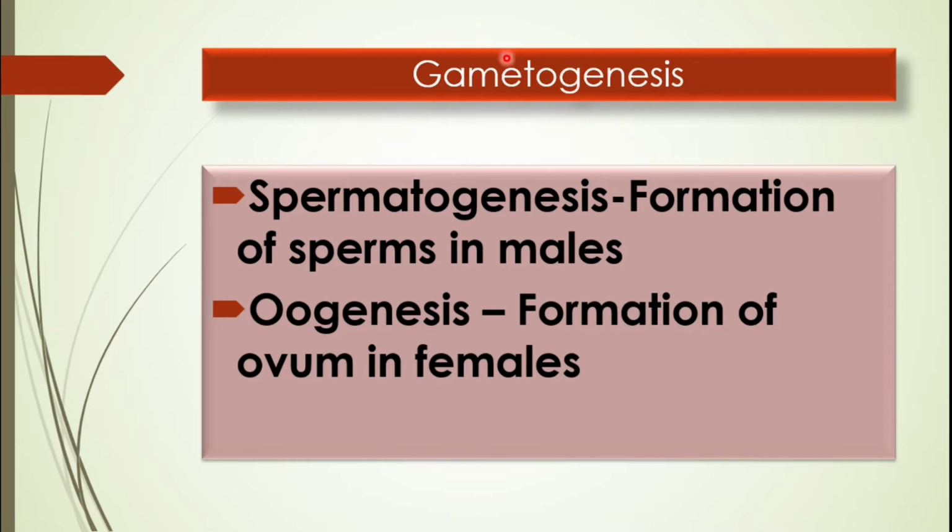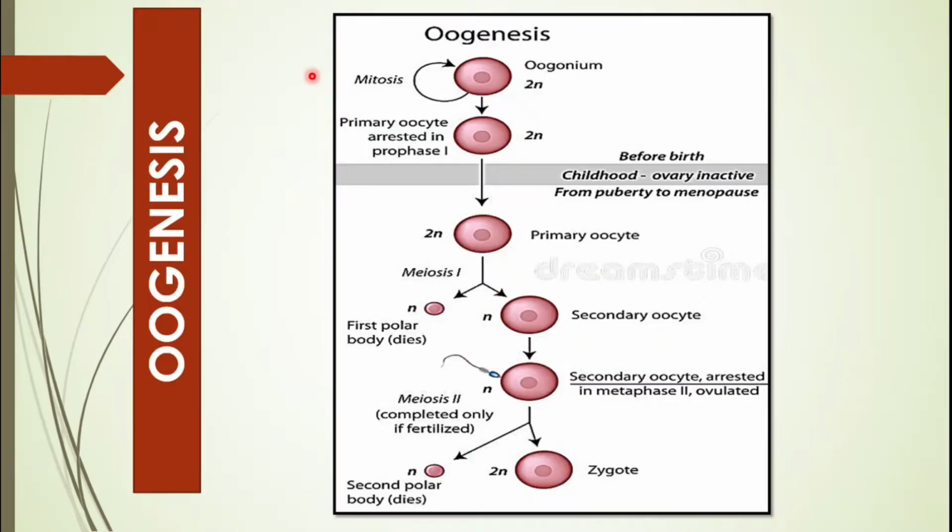Genesis is to form. Gametogenesis is further distinguished as spermatogenesis and oogenesis. Obviously, spermatogenesis is the formation of sperms in males, while oogenesis is the formation of the ovum in females.